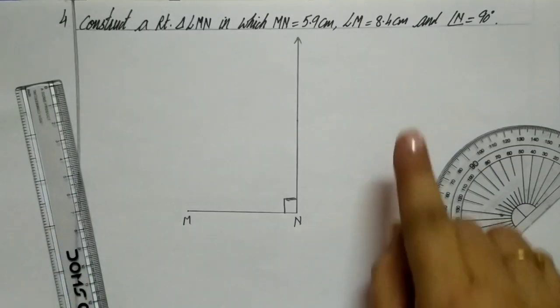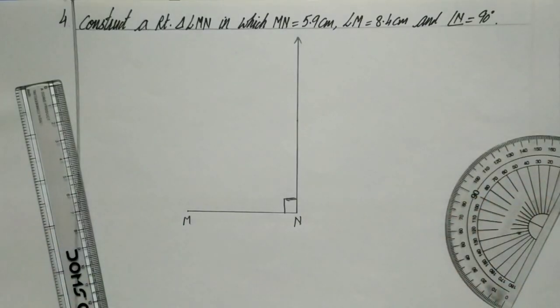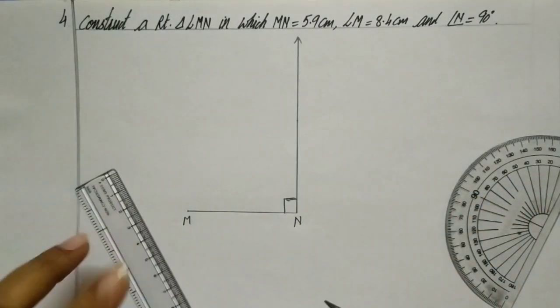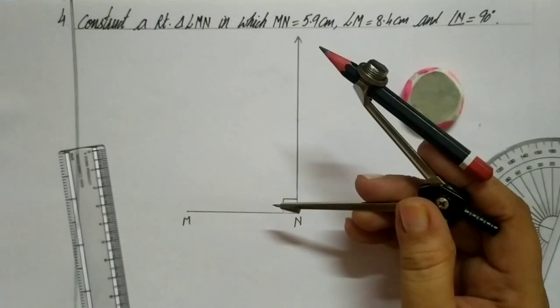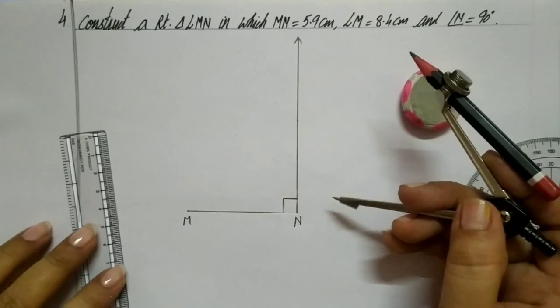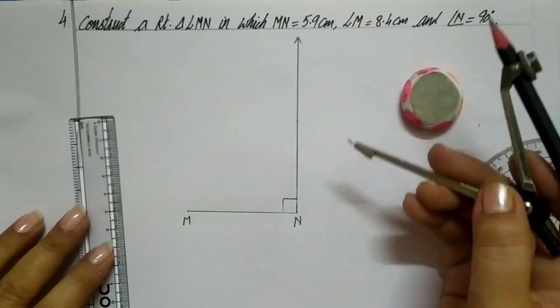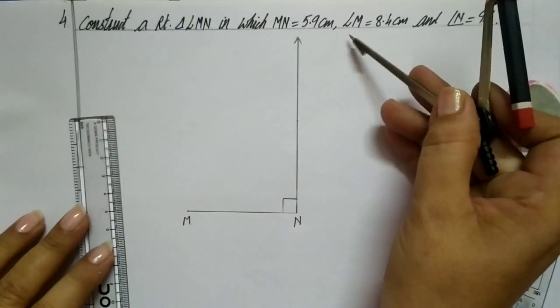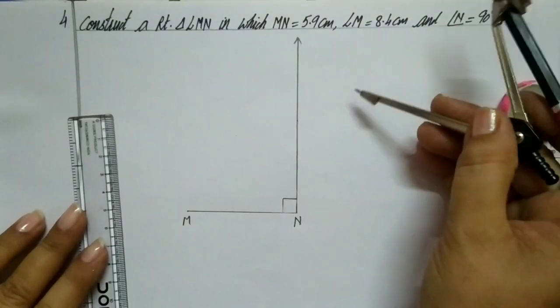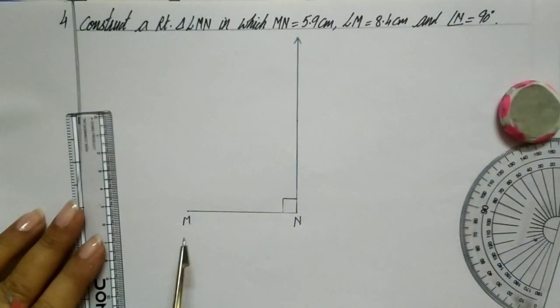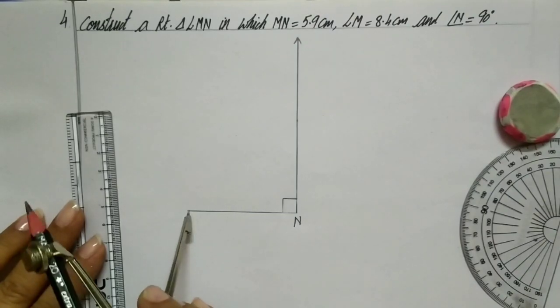Now open your compass 8.4 centimeter. So I opened the compass 8.4 centimeter. Since the length of segment LM is 8.4, it means now we have to take M point as center.